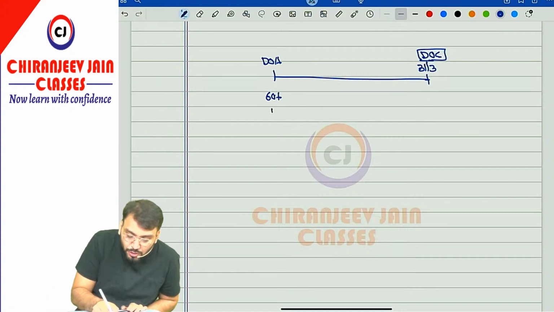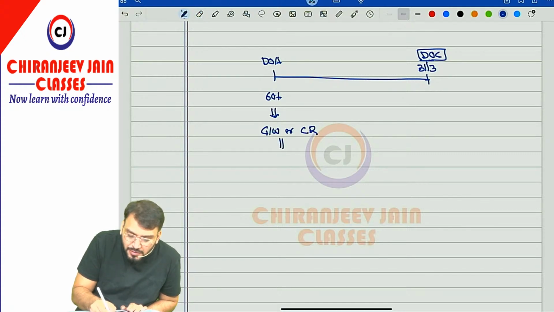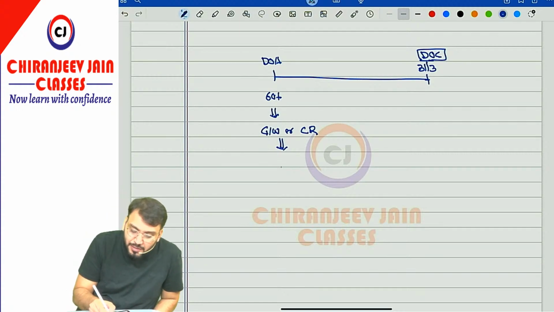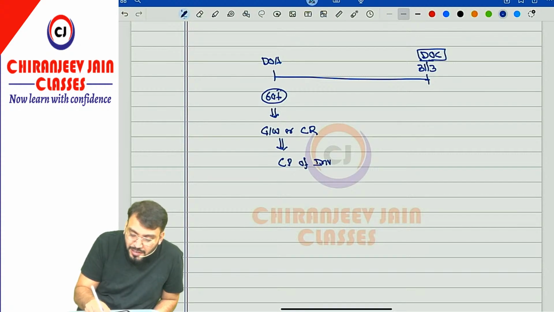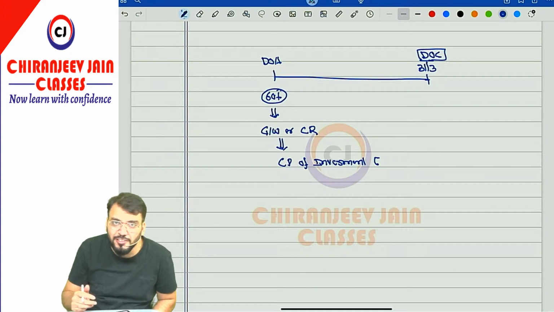So we calculate goodwill or capital reserve on this date. How to calculate goodwill or capital reserve? A simple formula is there. Suppose they acquired 60%, so we'll write down the cost price of investment. This will be taken from the standalone financial statement of the parent company, where the investment will come, representing the cost price of investment.